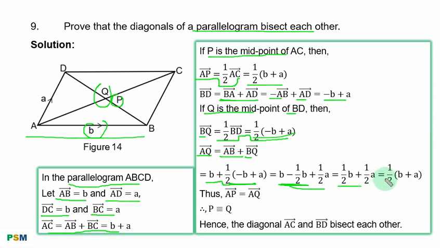If you factor out 1 over 2, you have this result. Thus, vector AP is equal to AQ. Therefore, P is equivalent to Q. Hence, the diagonals AC and BD bisect each other.